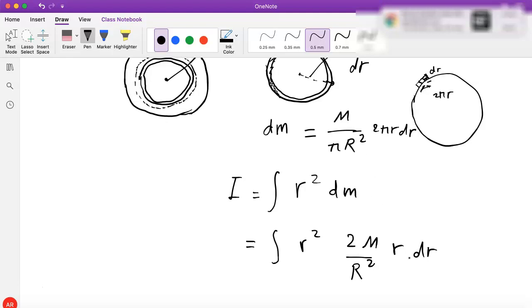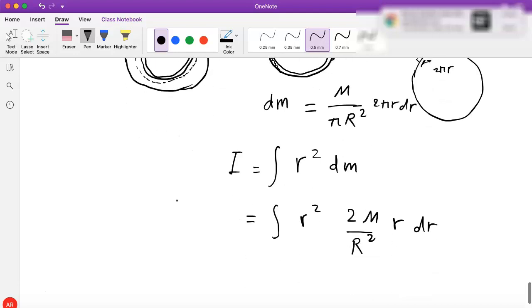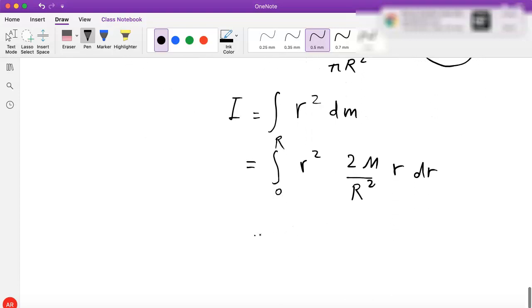So now that it's an integral dr, we can ask ourselves, where do we have these loops? Well, we have a tiny one at r equals 0. We keep having them for all r's up to capital R, and there's no mass outside the disk, so the integration range will be 0 to R. Okay, so we factor out 2m over R squared.